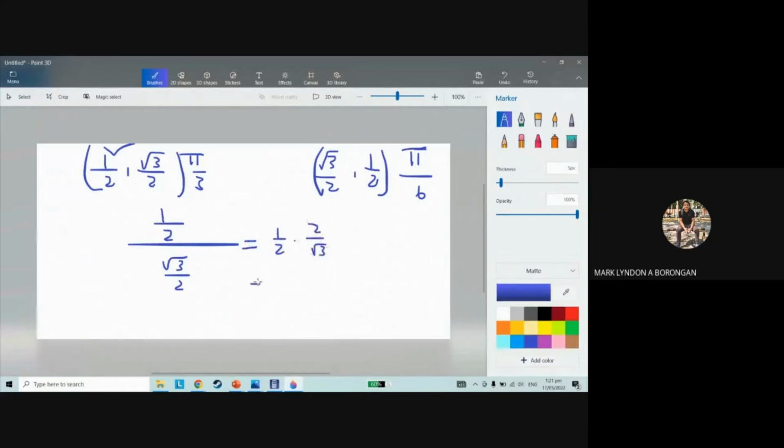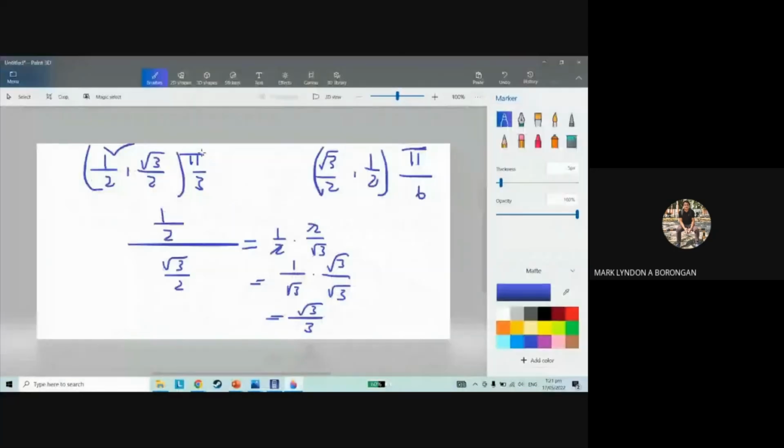So when you multiply, it cancels, and you'll get 1 over square root of 3. Multiply it with square root of 3 over square root of 3. You'll get the square root of 3 all over the square root of 9, which is just equal to 3.